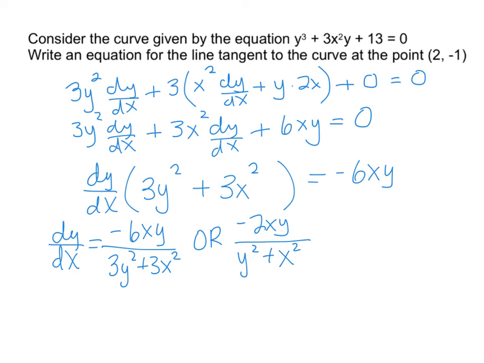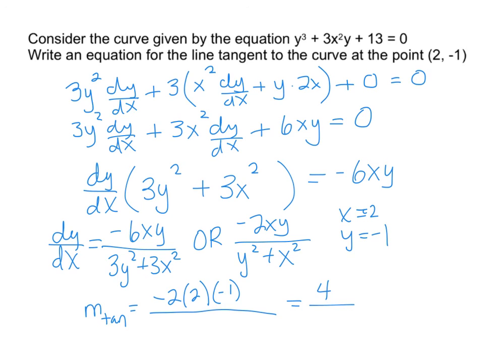So I'm going to let x equal 2 and y equal negative 1. And I'm going to have the slope of the tangent line equals negative 2 times negative 1, which is 4, over negative 1 squared, which is just 1, plus 2 squared, which is 4, which is 5.